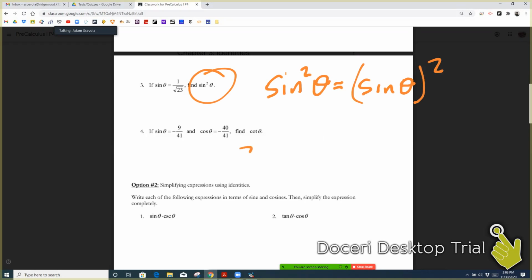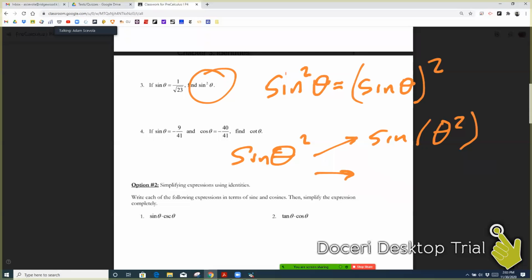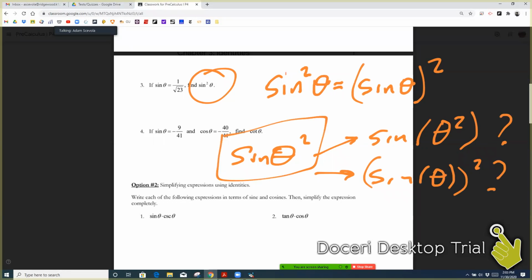The reason we don't write it the other way is to avoid confusion: is it theta squared and then you take the sine of that, or the sine of theta and then you square that? So the 2 is put right there. The little exponent of 2 just means you do the sine of theta and then you square it.